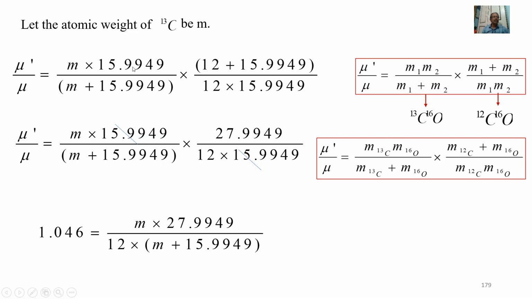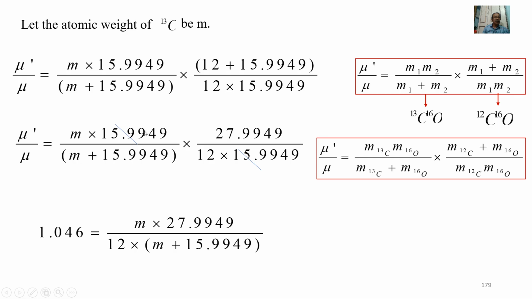Now substitute the required values. So substitute the given values. We have m multiplied by 15.9949, which is given there, divided by m plus 15.9949, multiplied by 12 plus 15.9949 divided by 12 multiplied by 15.9949, and this is for the isotope and this is for the original atom.